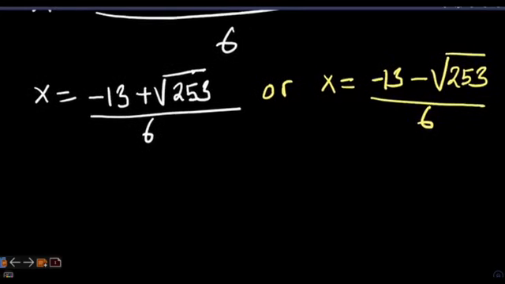So from this stage now, let's just punch on the calculator. For the first one you just need to punch negative 13 plus the square root of 253. It will give us the answer, which is 2.90597371.